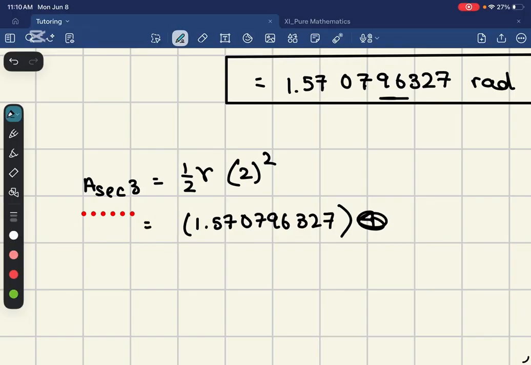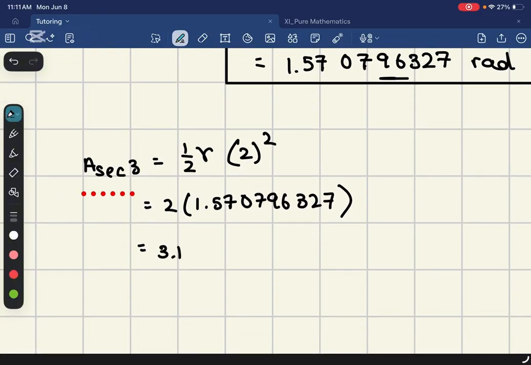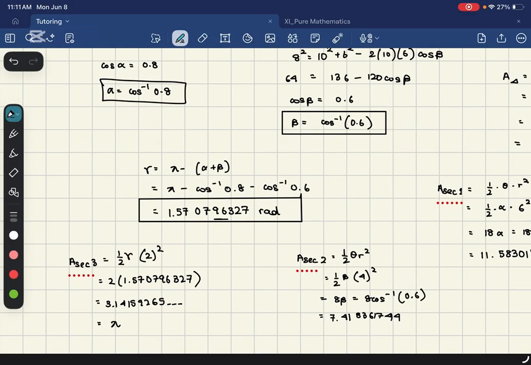So 4 divided by 2, you're just going to get 2. And if you do that calculation, you are going to get 3.14159265 something, so this is just pi, actually. So the area of sector 3 is just going to be pi. And now that we have that, this expression is actually pi by 2.